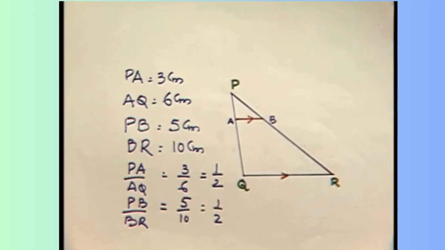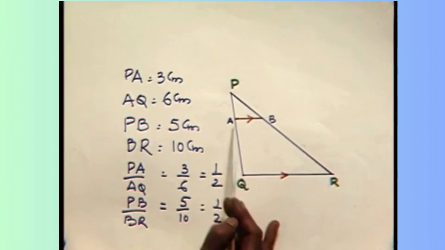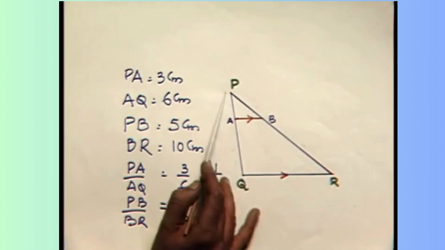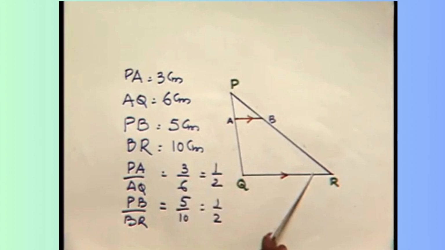So, what we have seen here is that when we draw a line parallel to this side to intersect the other two sides, then it divides these two sides proportionally.